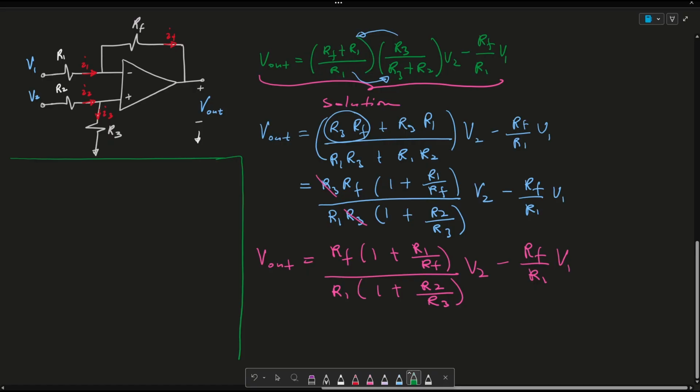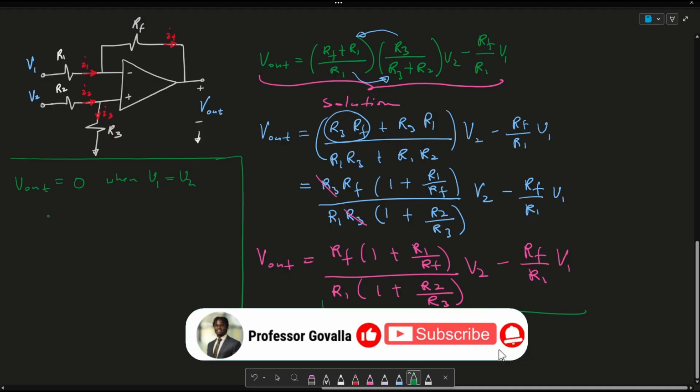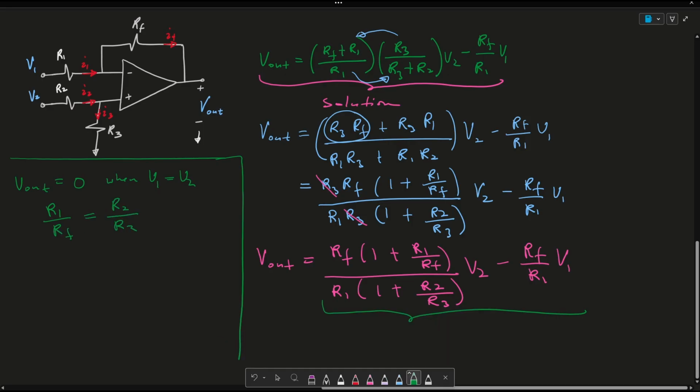We say that the amplifier must have a property where Vout is equated to 0 when V1 is equated to V2. And this property only exists, if you look at this equation here, when R1 over RF is equated to R2 over R3.